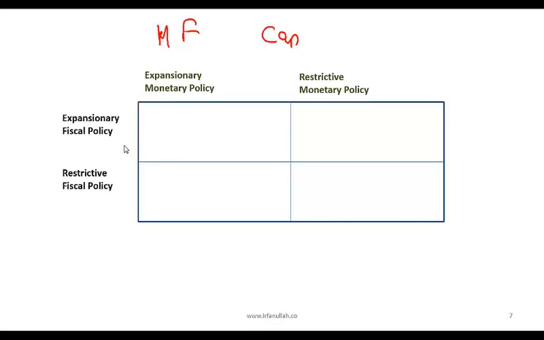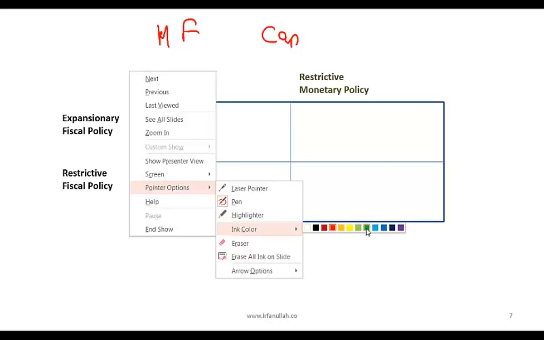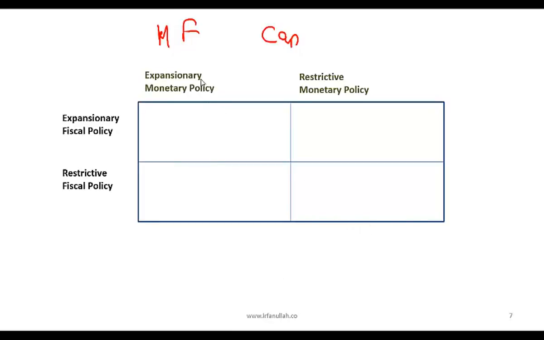Let's first consider the monetary policy, and I will work with monetary policy in green. The two possible scenarios with monetary policy is that we can have an expansionary monetary policy or a restrictive monetary policy. What does an expansionary monetary policy mean?